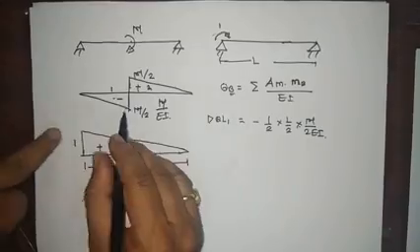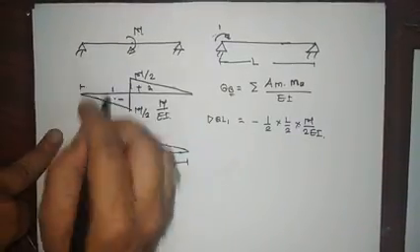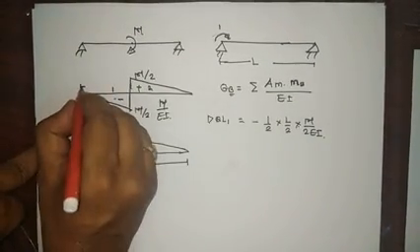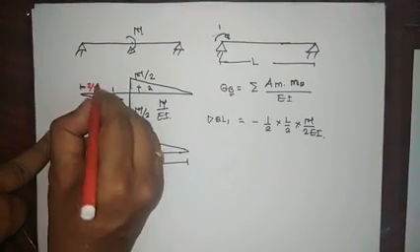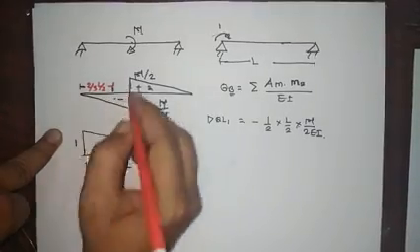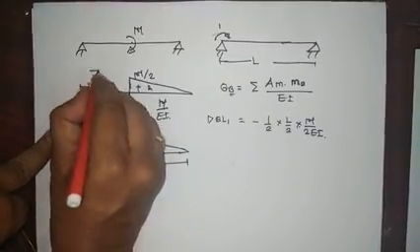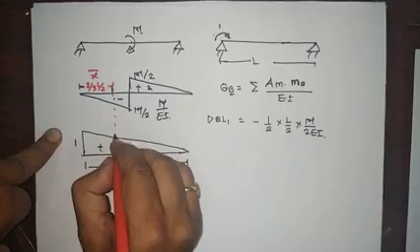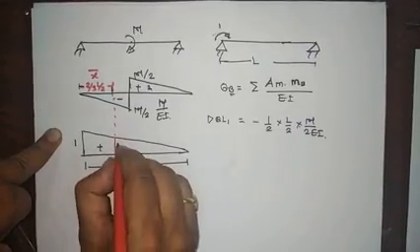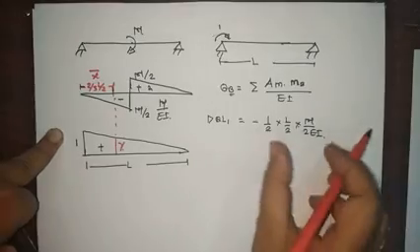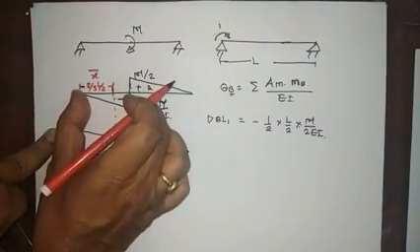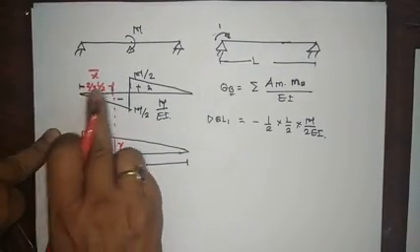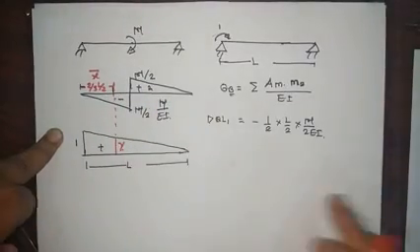Now two-thirds of L by 2 is the centroid x bar of this figure. Now transfer this distance to here. So our aim is to find this y. What is here? Area of this bending moment diagram multiplied by the ordinate in small m diagram at the centroid of the M by EI diagram.